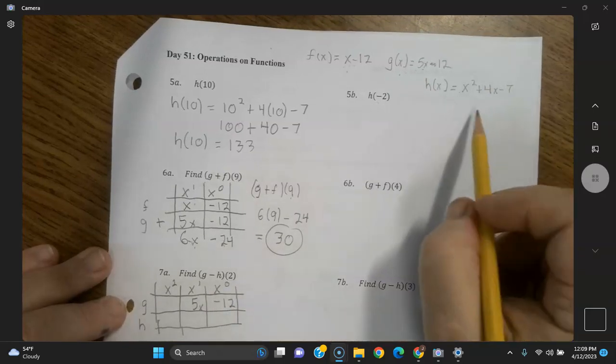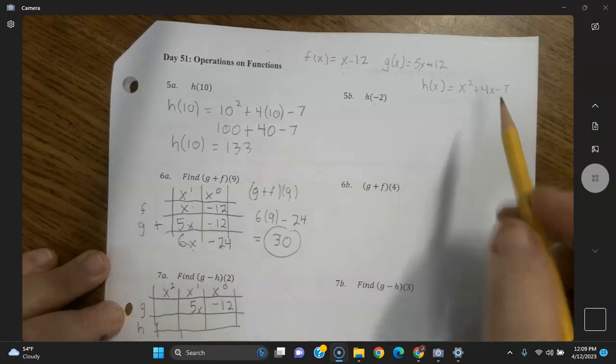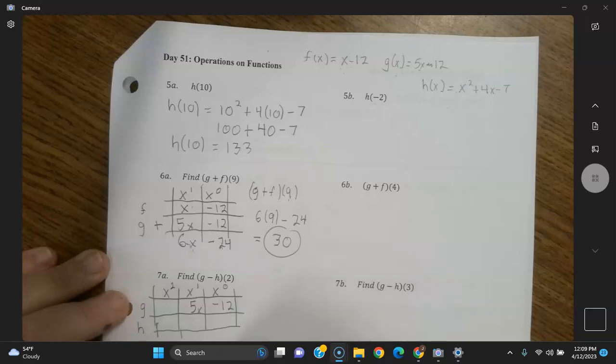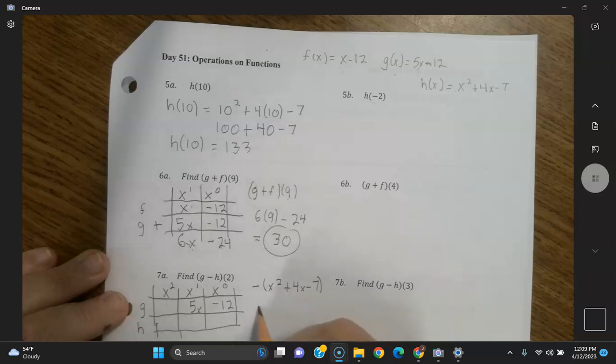Okay, now we're going to use the rule that I said. It's minus h, it's minus this. So I'm going to say up here, I'm going to say minus x squared plus 4x minus 7. And then I'm going to distribute this negative sign to make this negative x squared. It just changes all the signs.